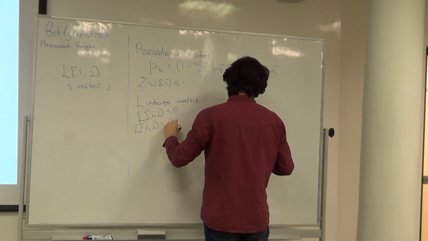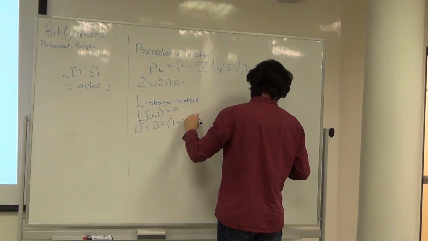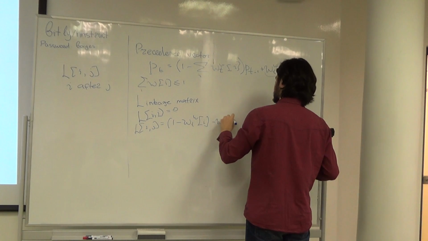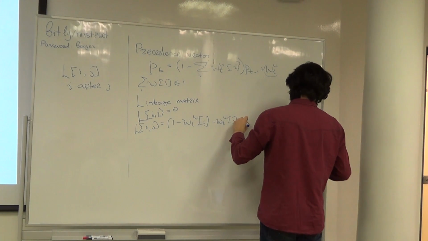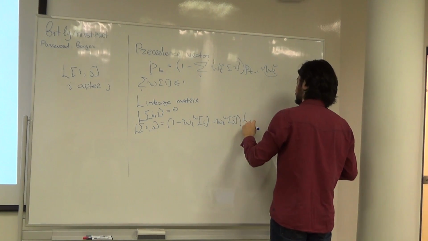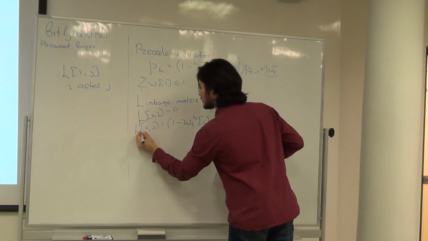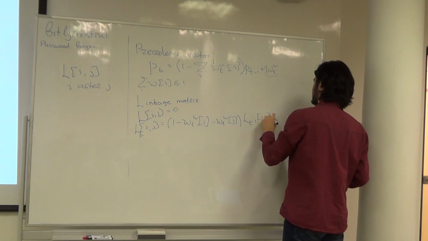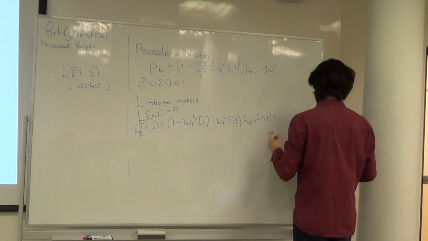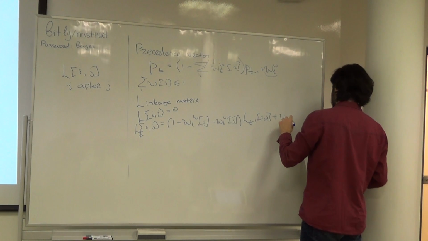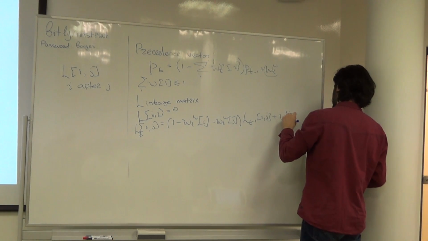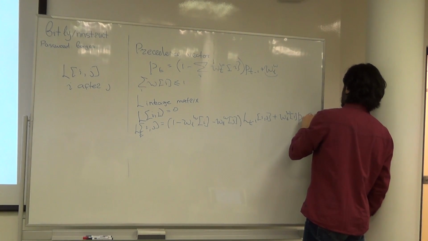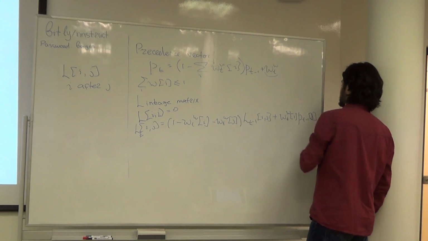So it is 1 minus w_t^w at position i minus w_t^w at position j, times the previous value of the linkage matrix. So this is at timestamp t, and this is at the previous, ij, plus the new value, which would be w_t^w at position i times the precedence vector at the previous timestamp, position j.